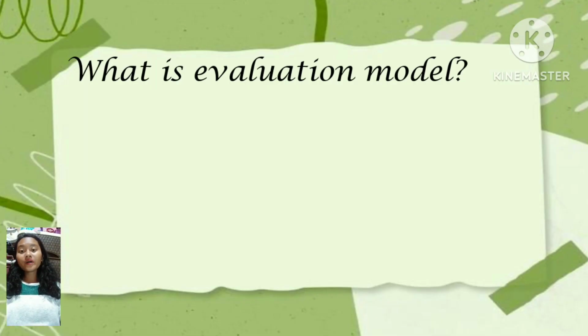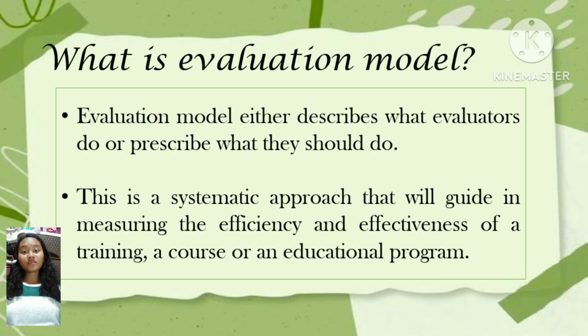So now, since we are done defining evaluation and model, when we combine the two terms, what does it mean? It gives us the definition: an evaluation model either describes what evaluators do or prescribes what they should do.